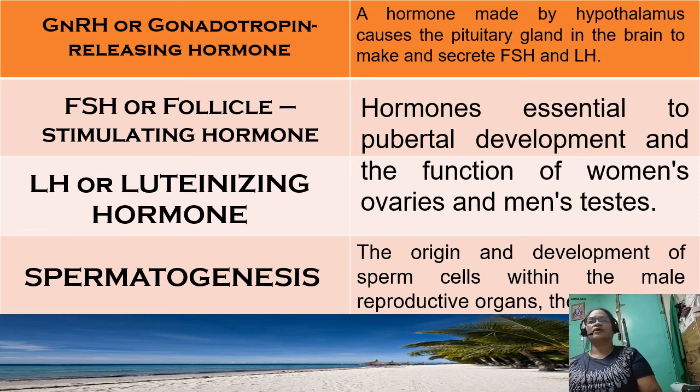Let's look at the different hormones. The first one is GnRH or gonadotropin releasing hormone. This hormone is made by the hypothalamus and causes the pituitary gland in the brain to make and secrete the follicle stimulating hormone and luteinizing hormone.